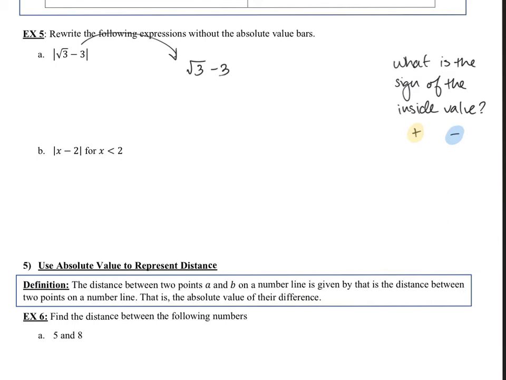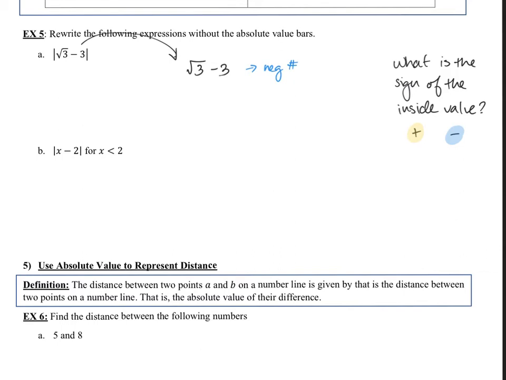So we know, because we did all that estimation, that square root of 3 minus 3, even though we don't know what number it is, is going to be a negative number. And that's all we wanted to know. We didn't need to know the exact number, but we wanted to know the sign.